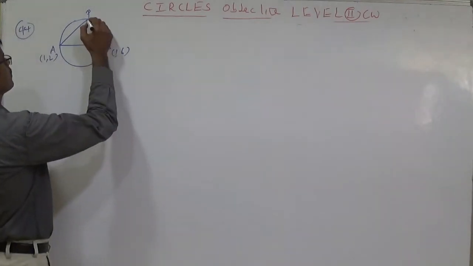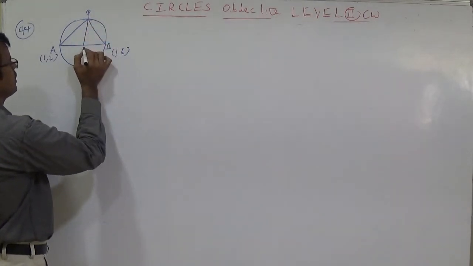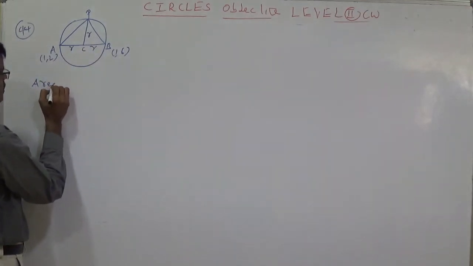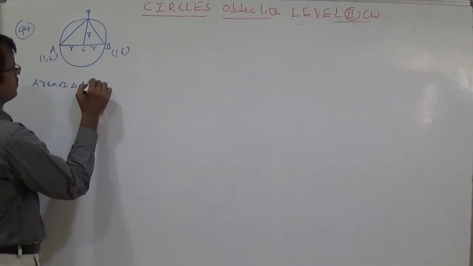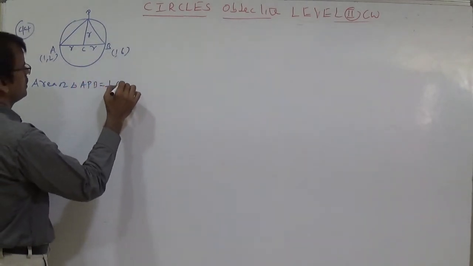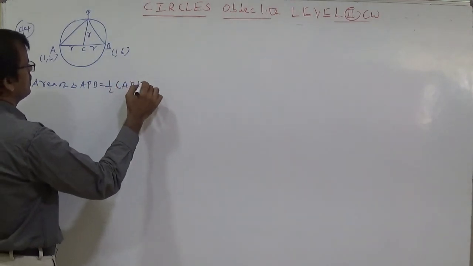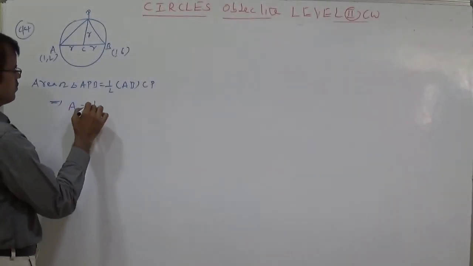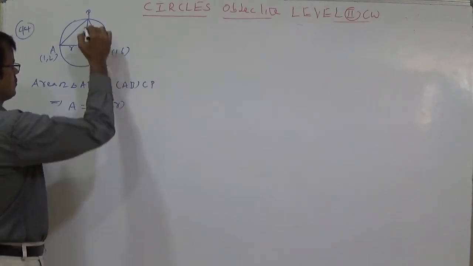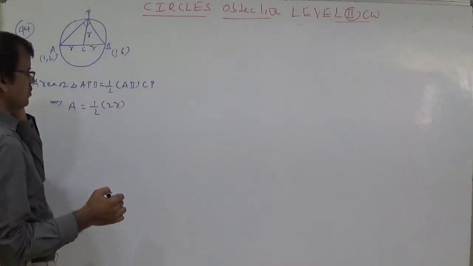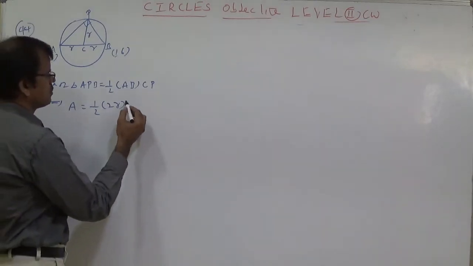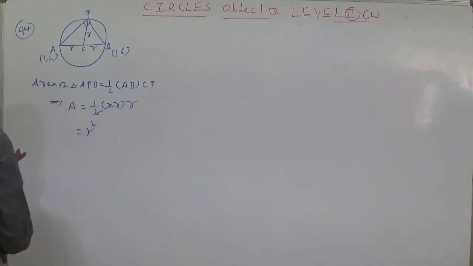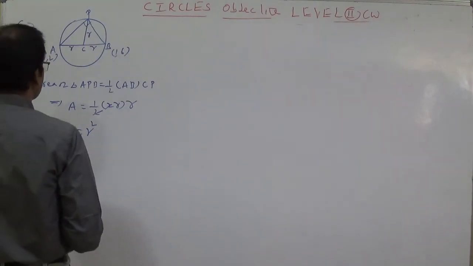Put it like this: from the center C to any point, the distance is R. Area of triangle APB = 1/2 × base × height = 1/2 × AB × CP. AB is a diameter and CP is perpendicular to it, so the area is 1/2 × 2R × R. The 2 cancels, giving R². So R² is equal to 5, as given.